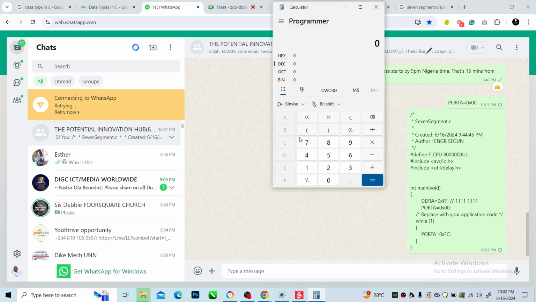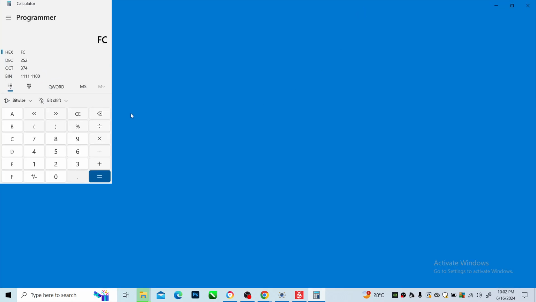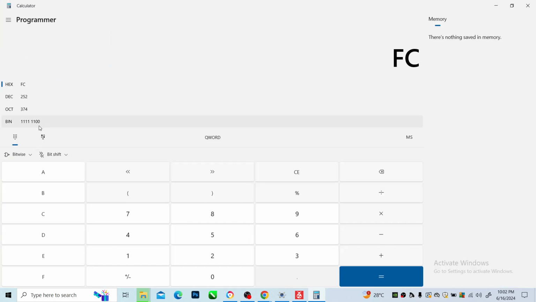So if I'm on hexadecimal and I do FC, can you see? FC is saying that two values will be zero, that two legs will be off. Can you see? By default, on a simplified version.